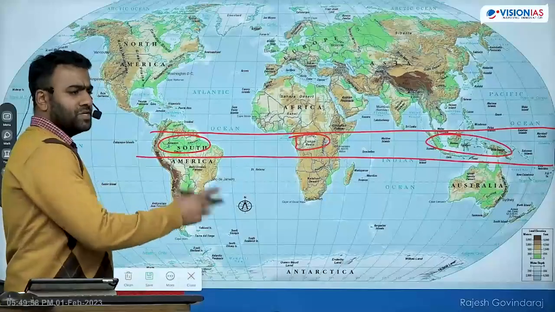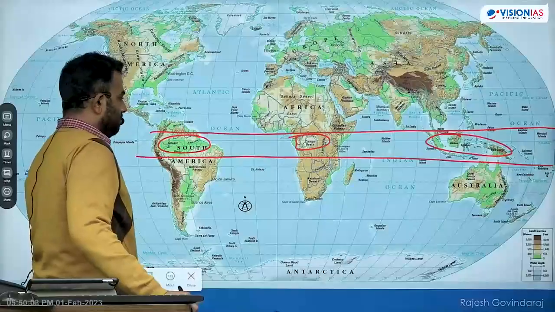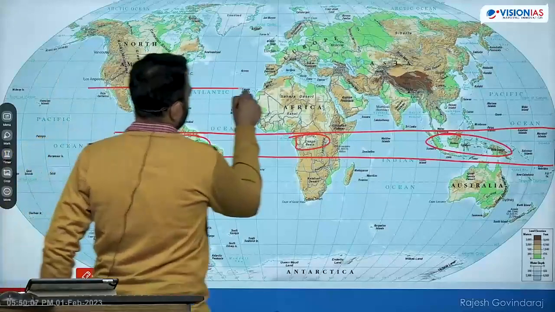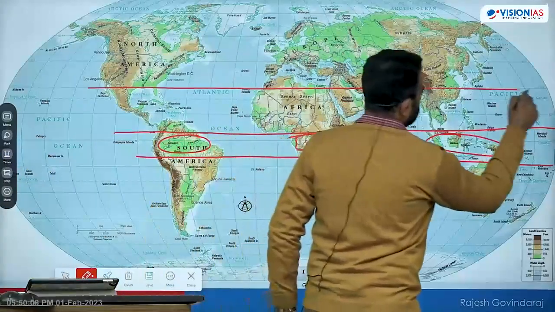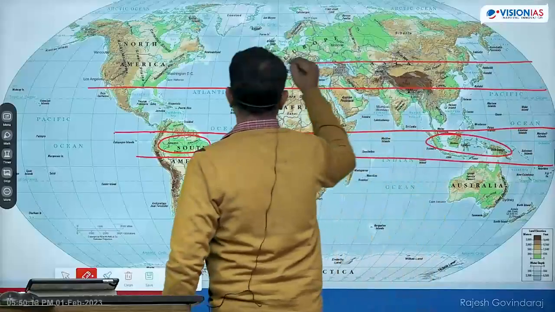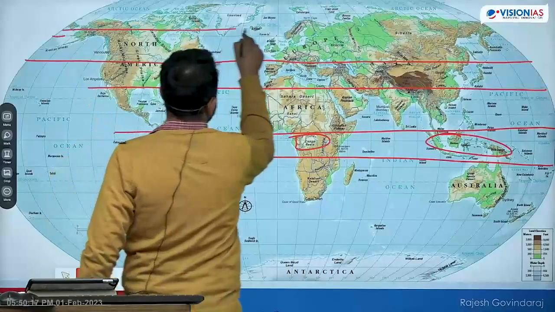Here we don't differentiate between eastern margin and western margin, because it is always hot and wet. This is 30 degree. This is 45. This is 65.